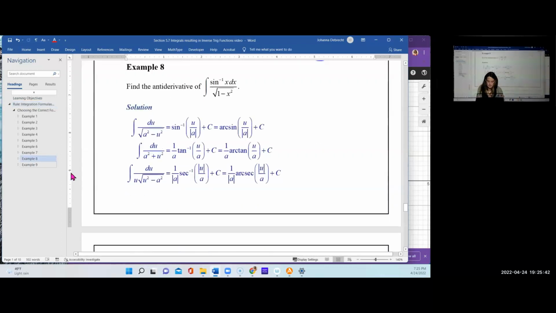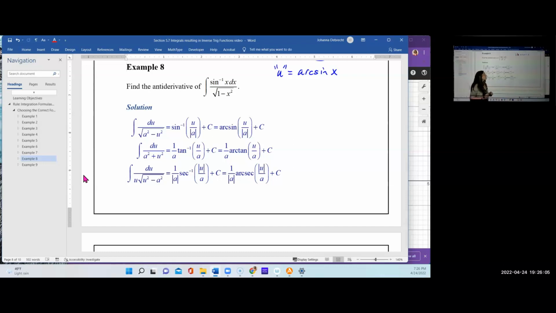Now looking back at example 8, this means that we can take u to be arcsine of x. This is not the same u from the formula. This is a different u. So let's put it in quotations. Different u.